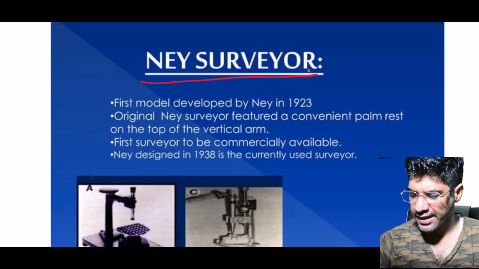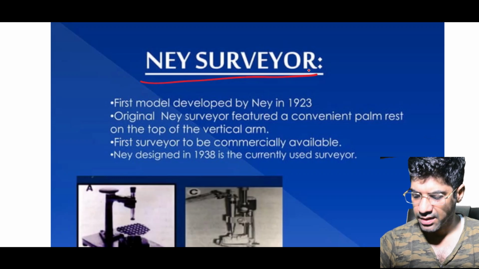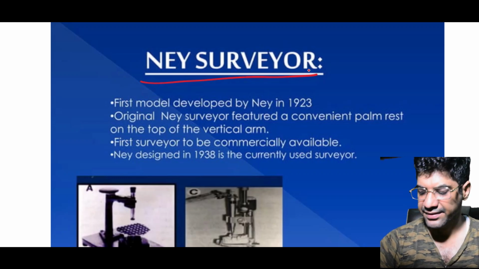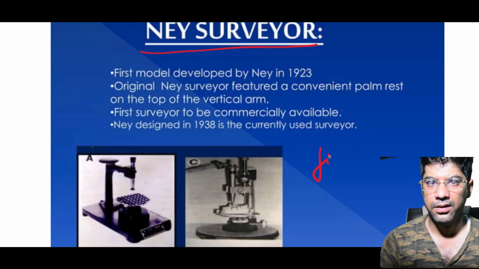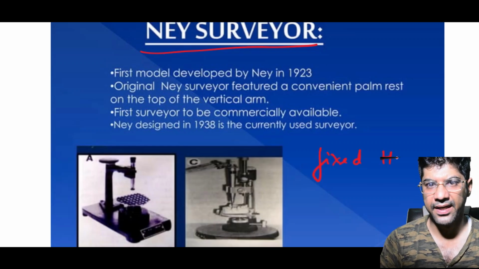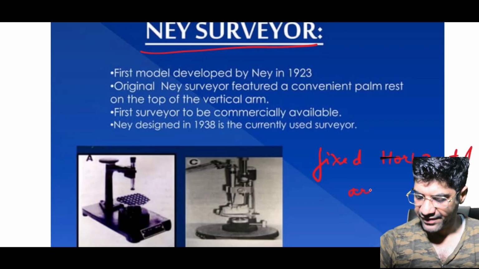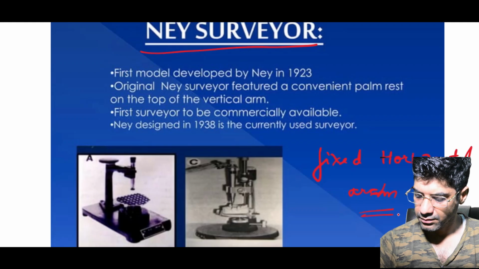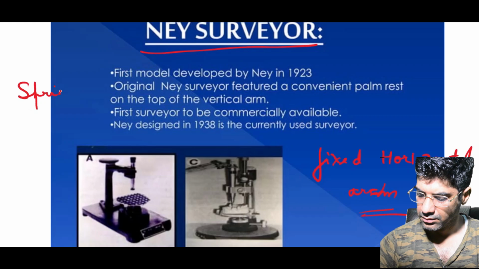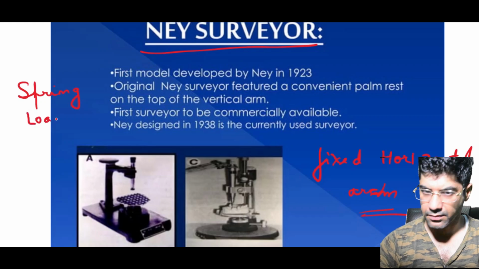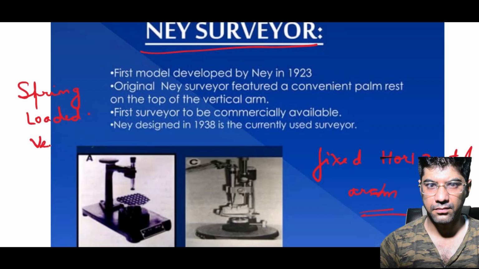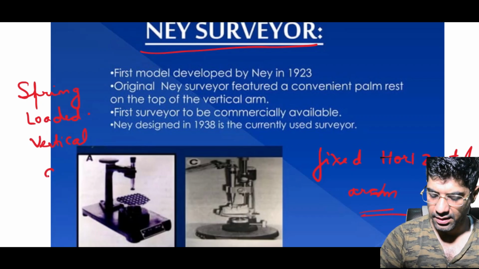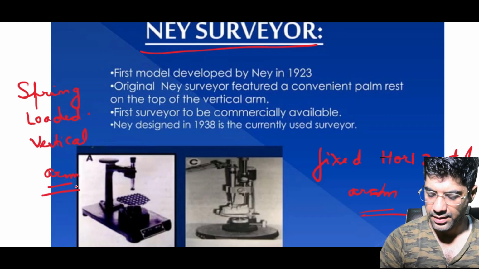Now let us discuss the types of surveyor. The first is the Ney surveyor. It is one of the oldest surveyors designed for dentistry, and it has a fixed horizontal arm and a spring loaded vertical arm.